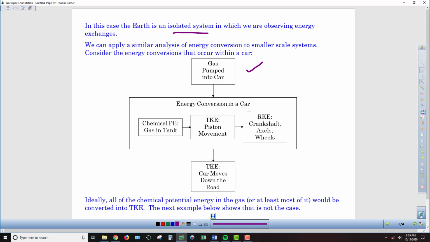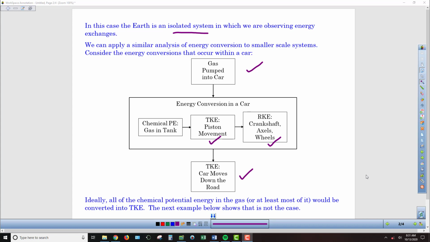We take the chemical energy from the gas tank through combustion, that drives piston movement, which then gets transmitted via crankshaft and axles to the wheels, which then takes us to movement down the road. So we go from potential energy to kinetic energy to rotational kinetic energy, back to kinetic energy, not to mention all the other things that get powered in a vehicle. So we have all sorts of forms of energy conversion that take place through this process.